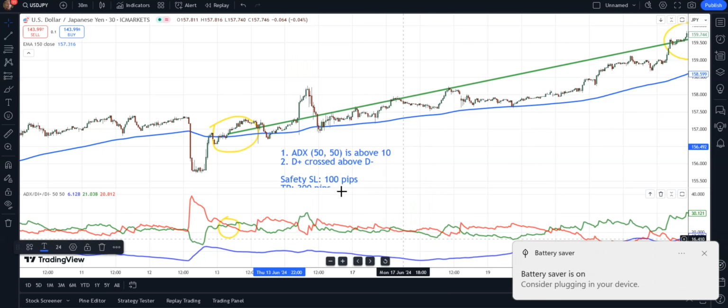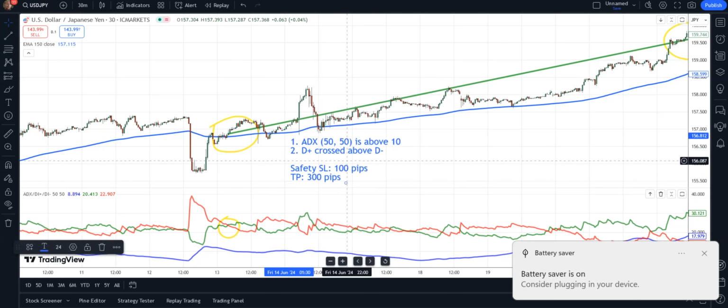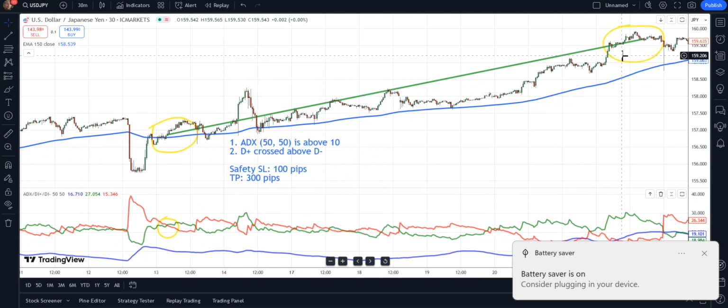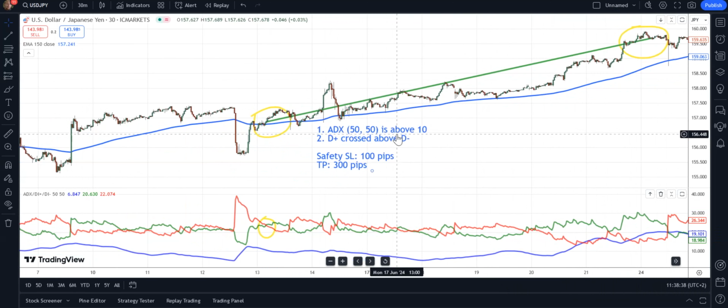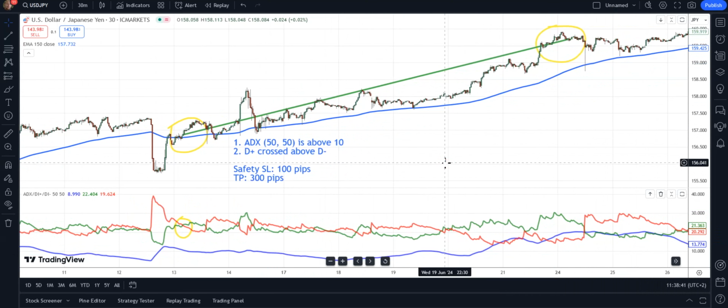It is very simple. And here of course the stop loss didn't get hit, but the take profit did. So I want to show you how it is working.